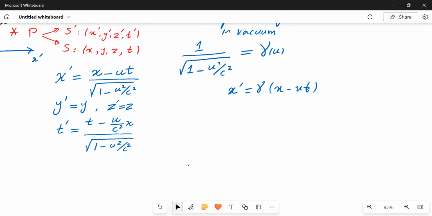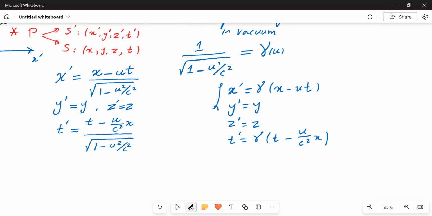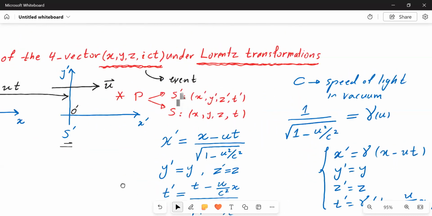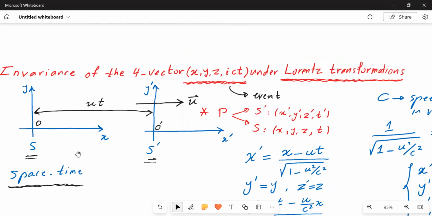This is a more compact form. y prime is y, z prime is z, and then t prime would be gamma times t minus u over c squared times x. These are Lorentz transformations.